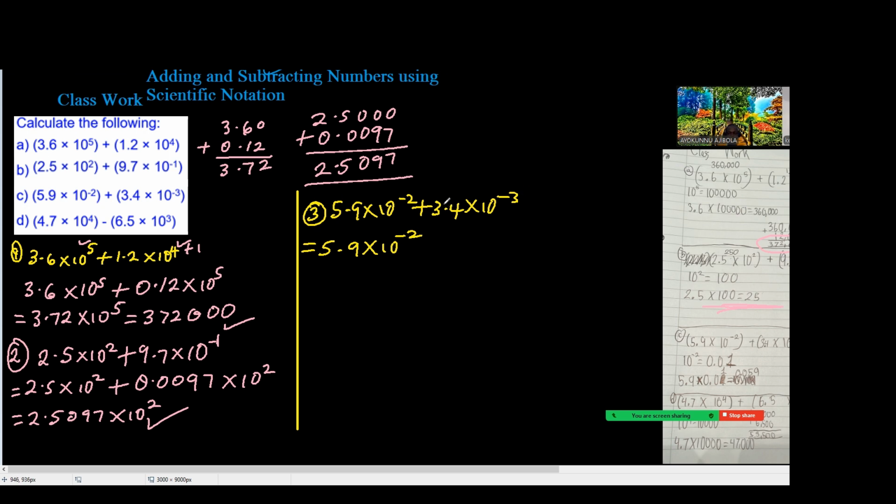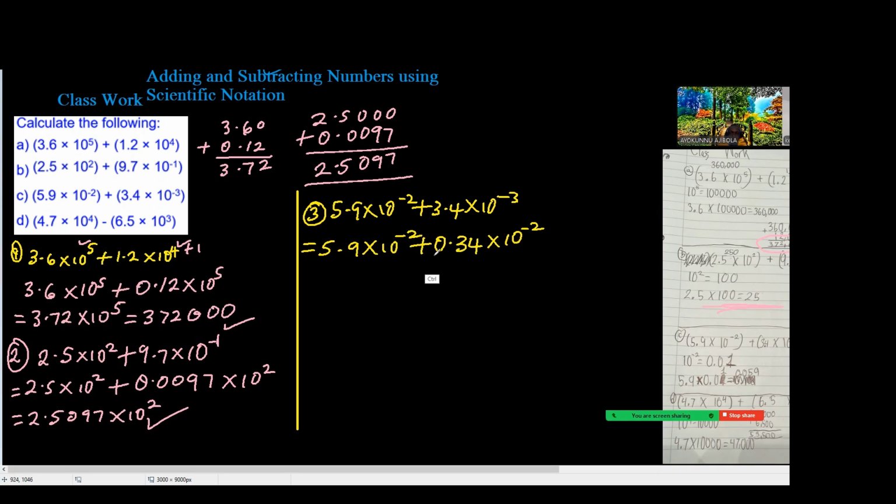So that means we have to reduce this value in order to add to the power. That will be plus 0.34 times 10 raised to the power negative 2 because I've added 1 to the negative 3 to give me negative 2. Now they both have the same power.